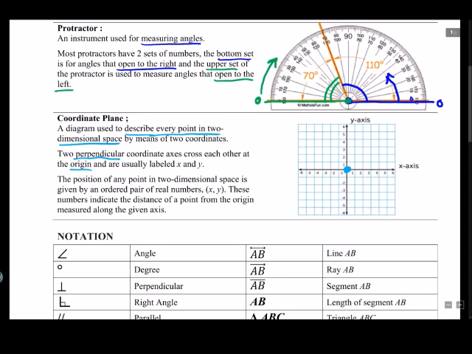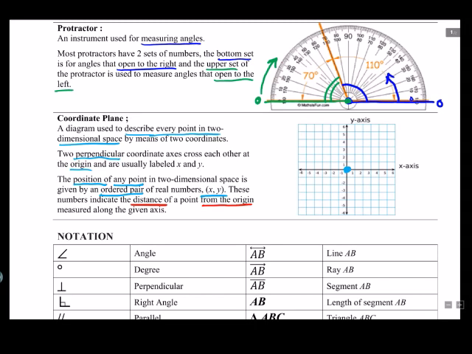And we usually label them x and y. And then the position of any point in two-dimensional space is simply an ordered pair. And you know these as your x, y ordered pair. And that indicates the distance from the origin along your axes.